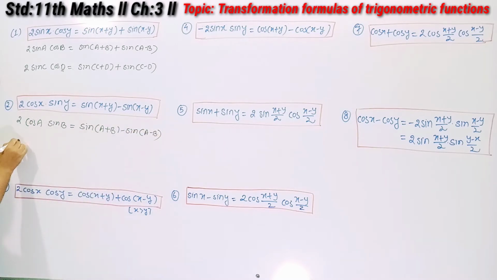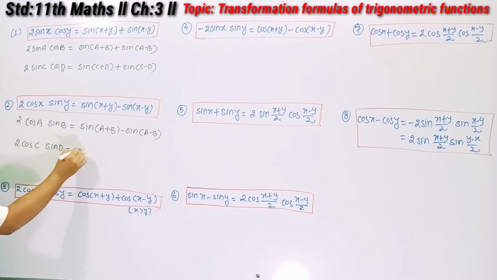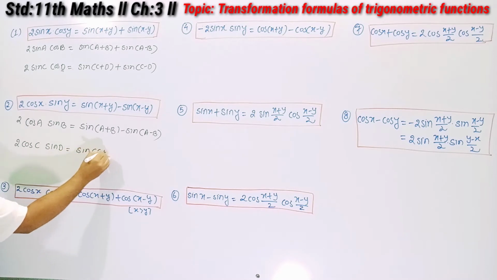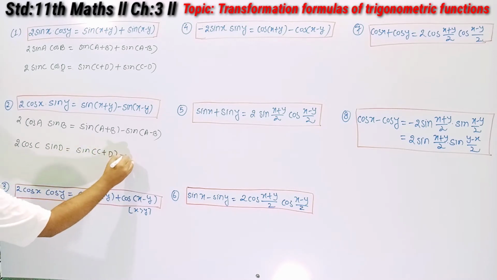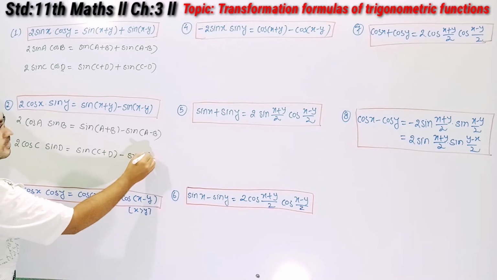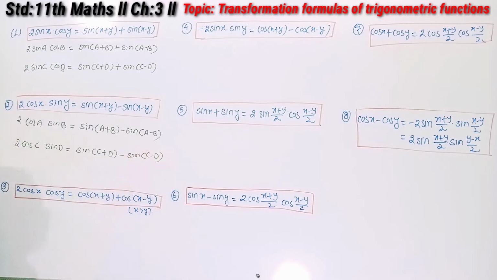Similarly, 2 cos c sin d we can write as sin(c plus d) minus sin(c minus d).